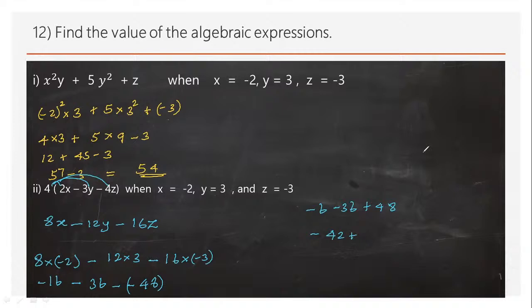Yes, no? The 6. 36 and 6. Yeah, minus 42 plus 48. Difference of these two. 42 and 48 difference is plus 6.